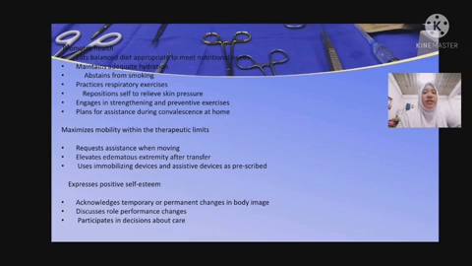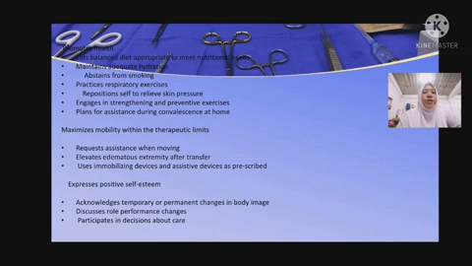The next is maximizing mobility within the therapeutic limits: requests assistance when moving, elevates edematous extremity after transfer, and uses immobilizing devices and assistive devices as prescribed. And lastly, expresses positive self-esteem.